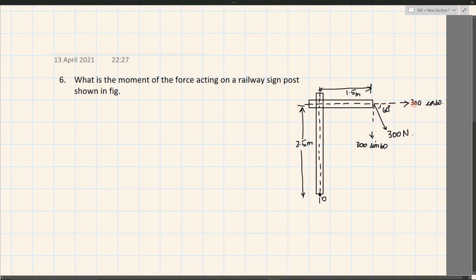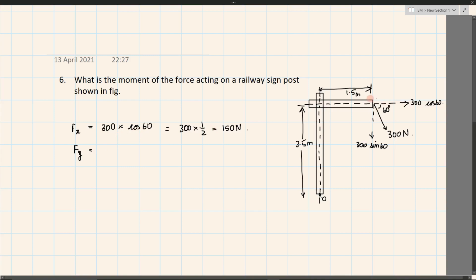First we'll take this horizontal component. The horizontal component, let's say Fx, is nothing but 300 into cos 60. That is nothing but 300 into 1 by 2, that is 150 Newton. And we have the y component.